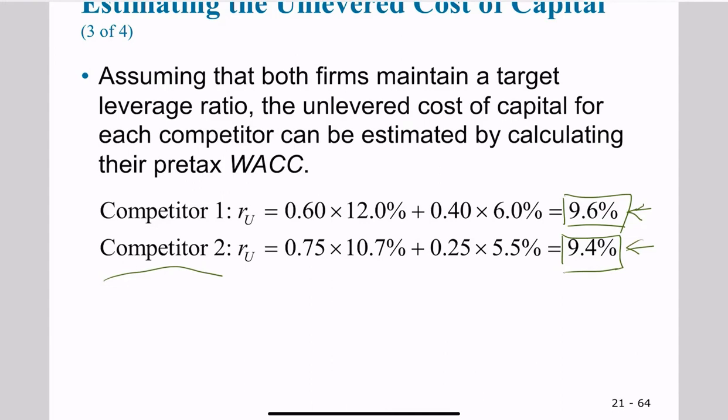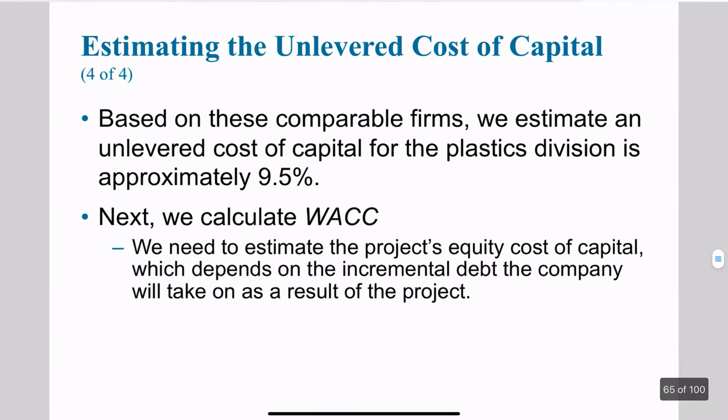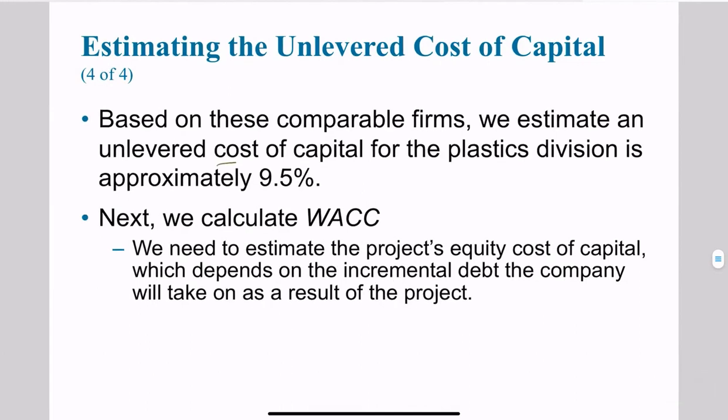So the average here is 9.5%. And we will use this 9.5% as our own project's cost of capital, right? So the cost of capital for this new project, this plastics division at Avco, is about 9.5%.